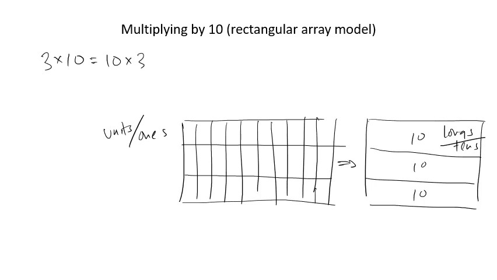Or in the language of base 10 blocks, my longs get traded into flats, and my flats get traded up into blocks. Now, trading into blocks is a little bit more complicated because we're moving beyond an area rectangular model, since the blocks are inherently three-dimensional. But if we've developed this language and this model around base 10 blocks, then explaining why everything moves over one place value makes sense.